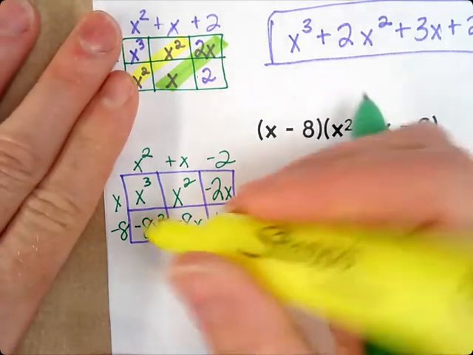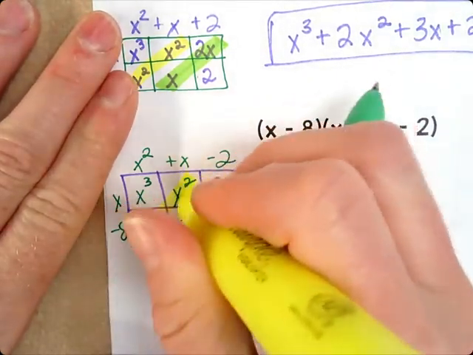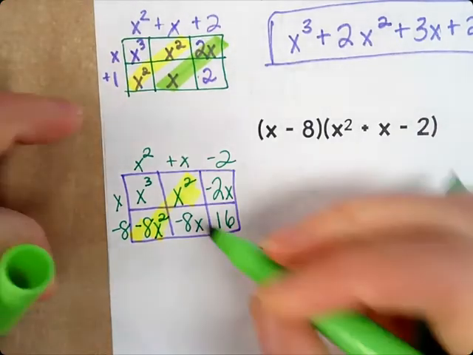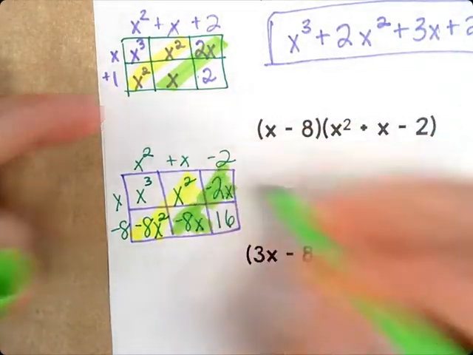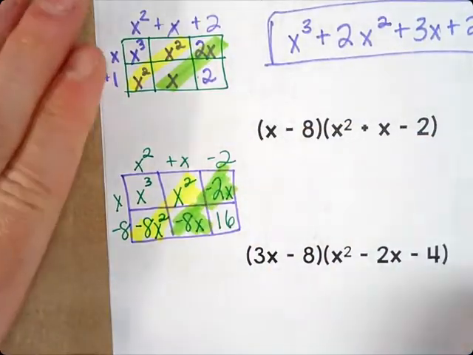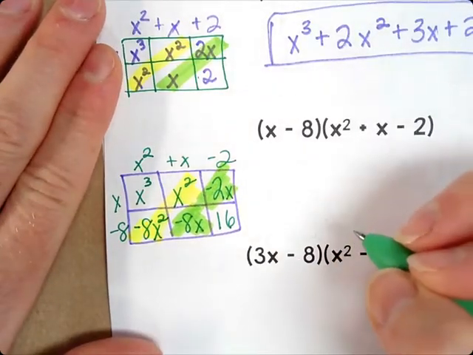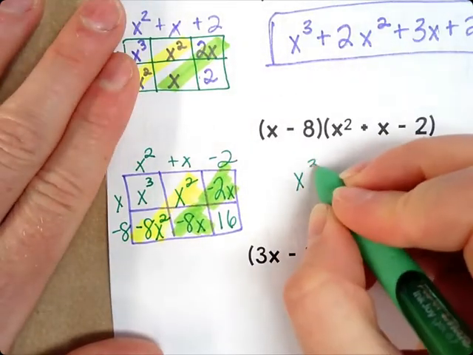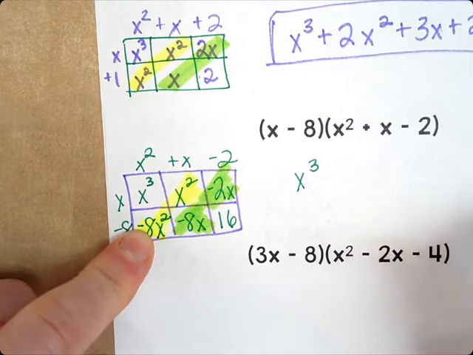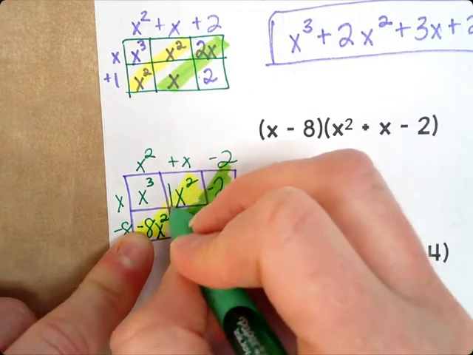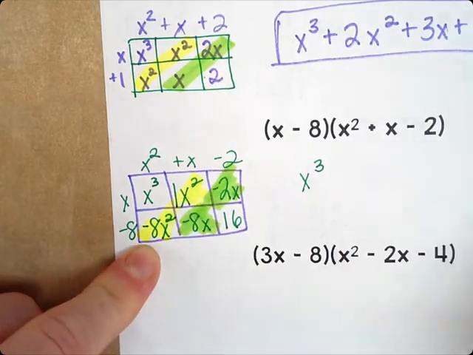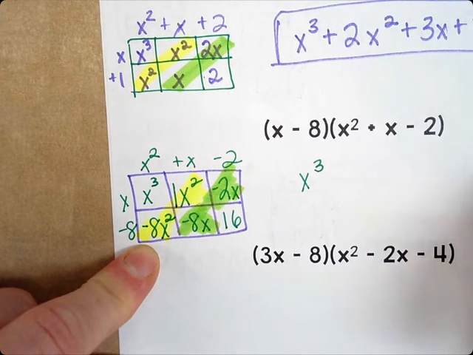Then combine your like terms. So we have x cubed, and then negative 8x squared, and a 1x squared. That's like saying 8 minus 1. If you're not sure on that, then you could put it in the calculator.